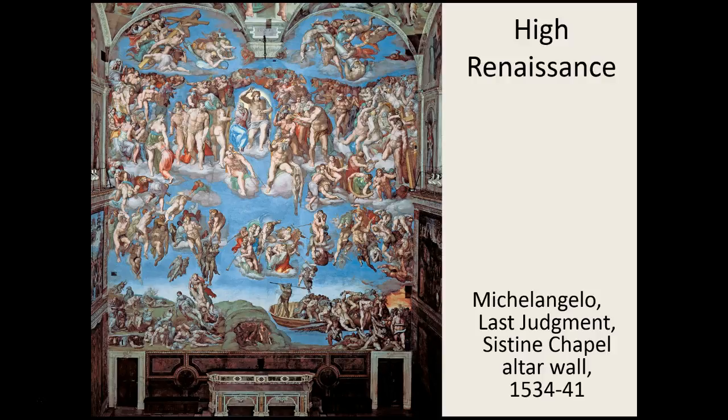The Last Judgment was an object of heavy dispute between critics within the Catholic Counter-Reformation and those who appreciated the genius of the artist and the mannerist style of the painting. And you'll understand that because the next segment we're going to talk about is sort of an offshoot of High Renaissance art called Mannerism.